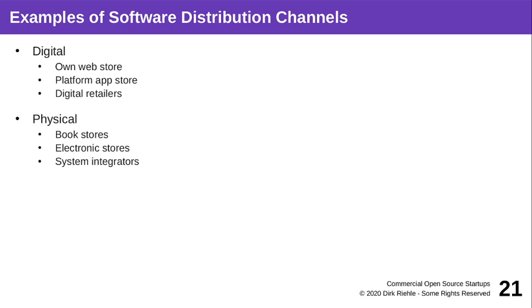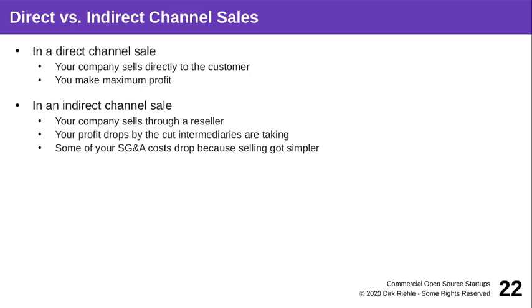So there still exist digital retailers, people who go in between, the so-called middleman, even though maybe increasingly they go away and you have a direct sale. Still, that distinction is valid. In a direct channel sale, you directly sell to the customer, and you do make the maximum profit because there is nobody taking a cut in between.